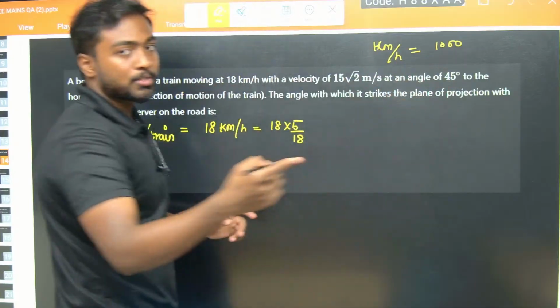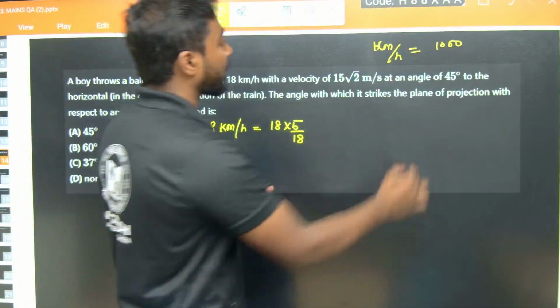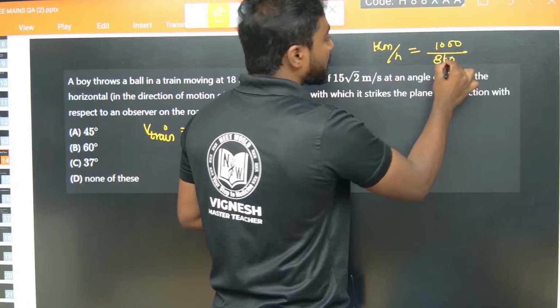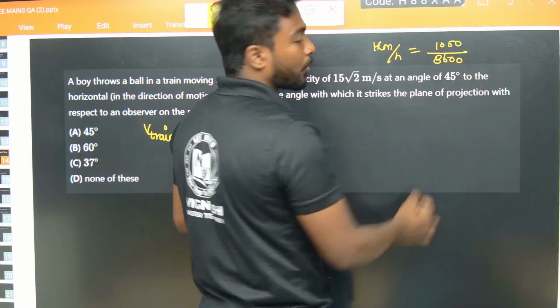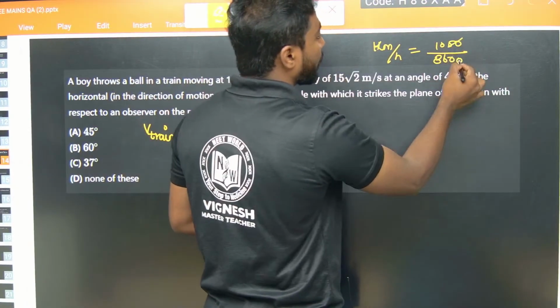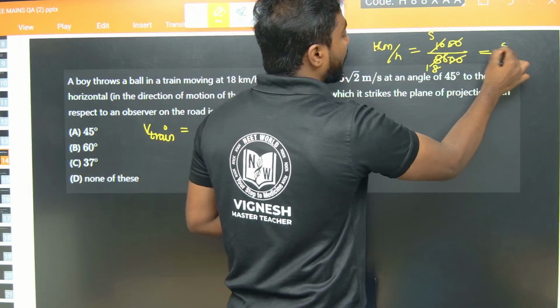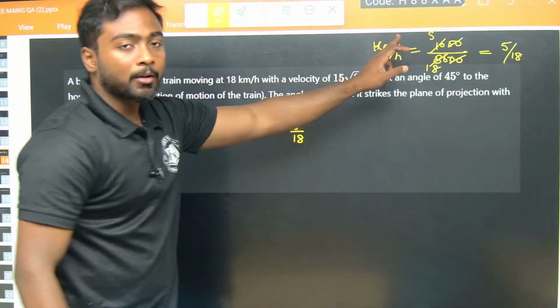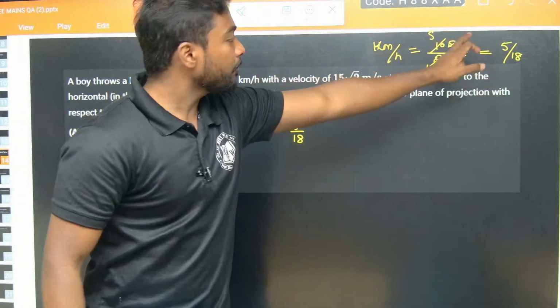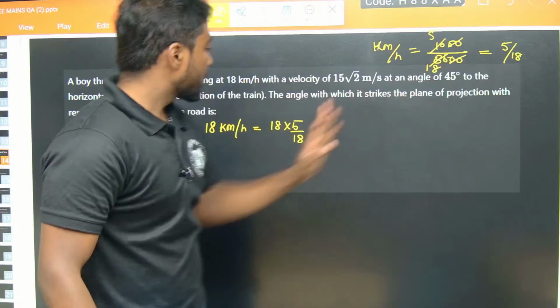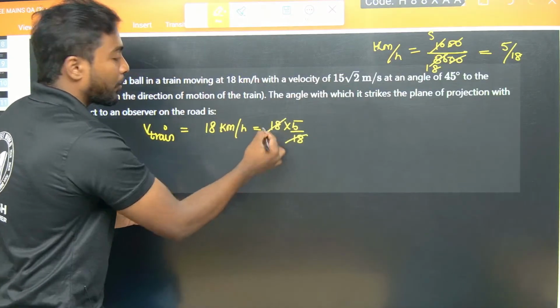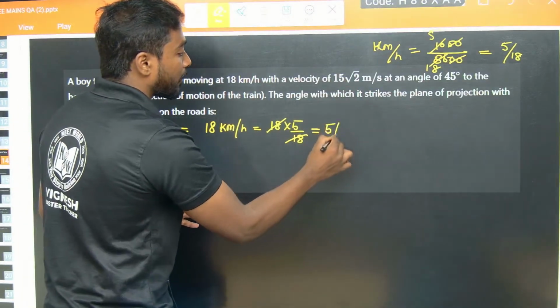So, 1 hour is equal to 60 minutes, 1 minute is equal to 60 seconds, right? So, 60 into 60, 3600. So, what will I get? 2 zeros and 2 zeros will get cancelled. This is 5 times and this is 18 times. So, this is 5 by 18. Okay. So, kilometer per hour to meter per second, it is 5 by 18. Multiply it, you will get 5 meter per second.